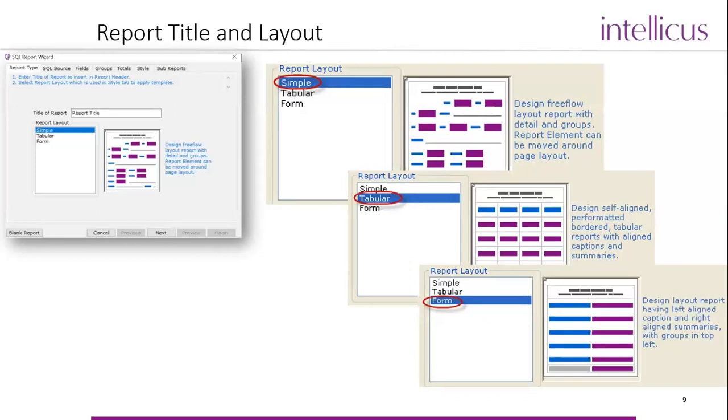Whereas with form, you will be able to see one record, wherein the layout is such that on the left aligned you get the caption, and all the summaries and values, these controls, will be aligned towards the right.